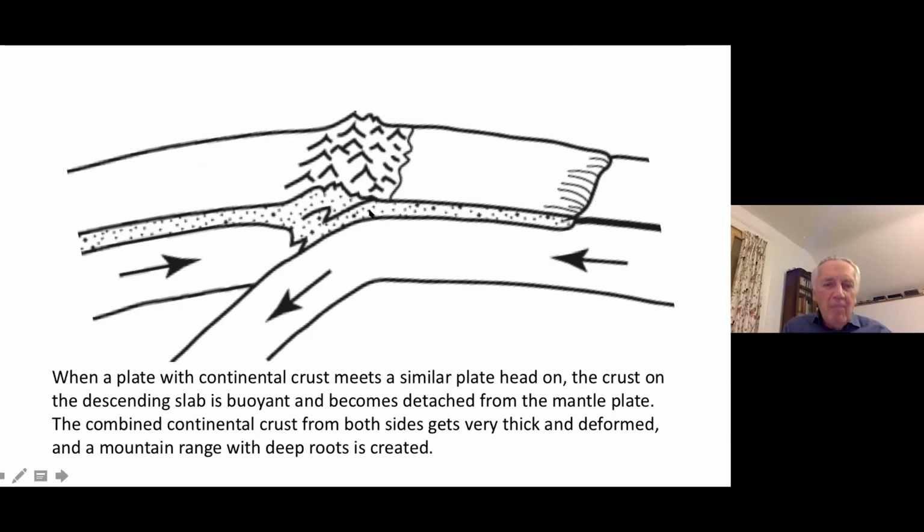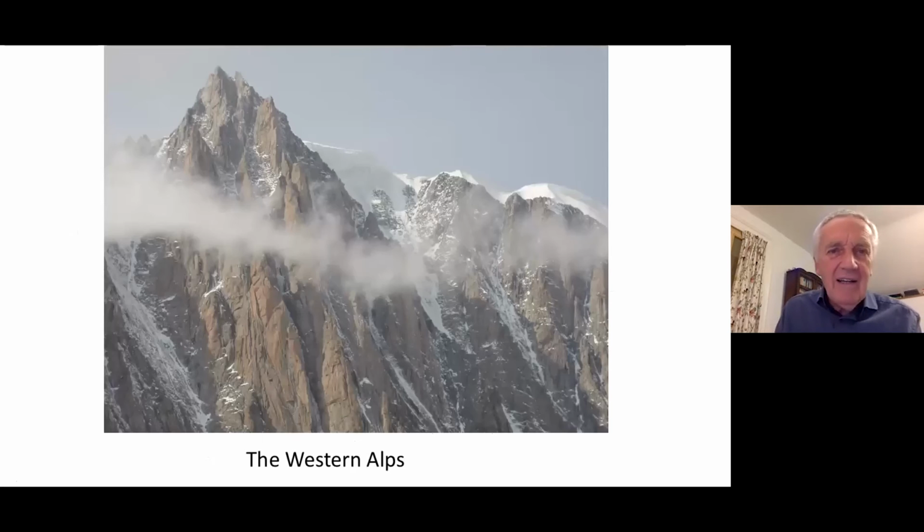And the combined continental crust from both sides gets very thick and deformed and creates a buoyant mountain range. And the metamorphic belt that I mentioned in the west of Ireland from the Ordovician would have been formed in this kind of way, as are the Alps and the Himalayas today. There's a nice picture of the Alps, formed because of the buoyancy of crunched up continental crust where two plates are converging.